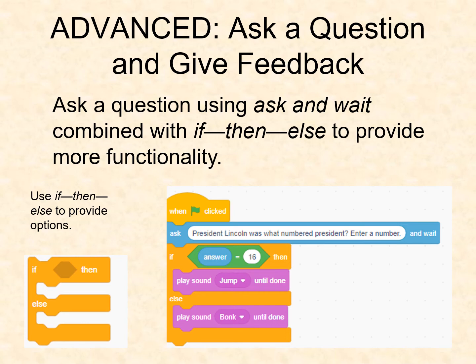Else, if they did not answer the correct answer, then we could have the sprite say something, or in this case, play a sound to indicate that they got something wrong. We would have them play a sad sound.